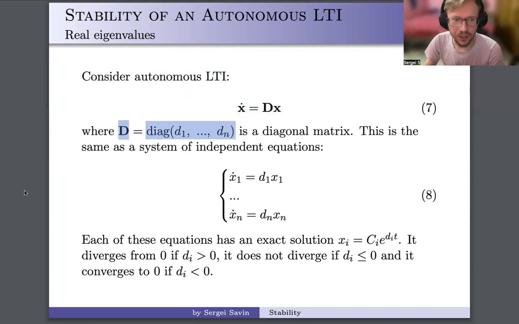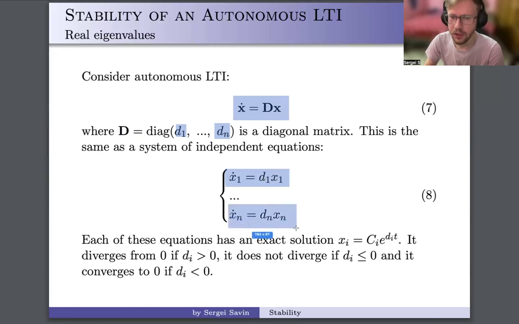So D would be a diagonal matrix with coefficients d1, d2, ..., dn on the diagonal. This equation would then be equivalent to a system of independent equations: x1 dot equals d1 x1, x2 dot equals d2 x2, all the way to xn dot equals dn xn.